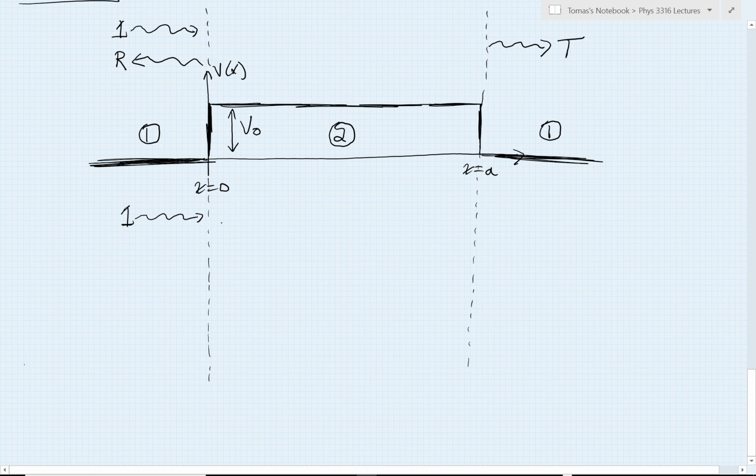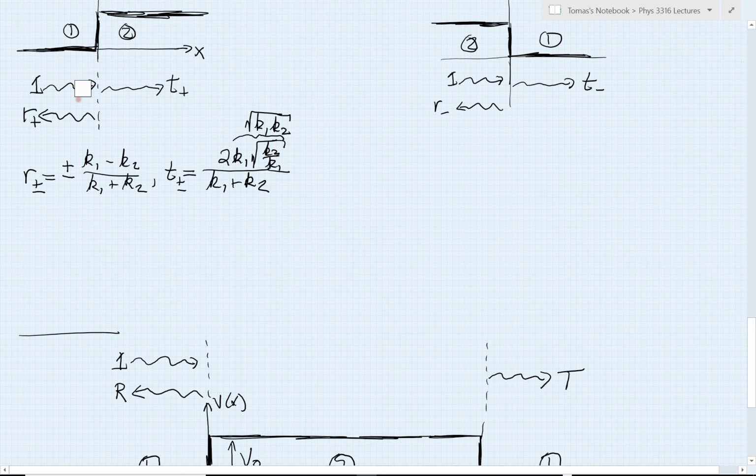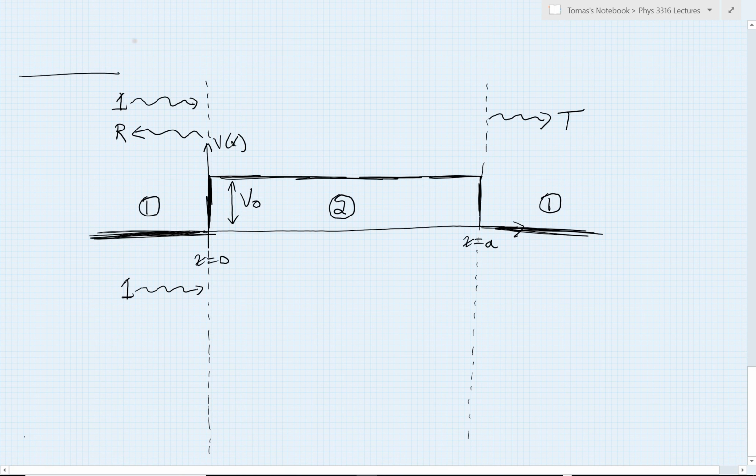Consequently, I need to include some additional pieces, and I know exactly what the pieces should be that would satisfy my boundary condition for an up-step scattering event. I need transmitted and reflected pieces with coefficients T plus and R plus. So there's going to be an outgoing wave here with amplitude T plus, and then a reflected piece coming backwards with amplitude R plus.